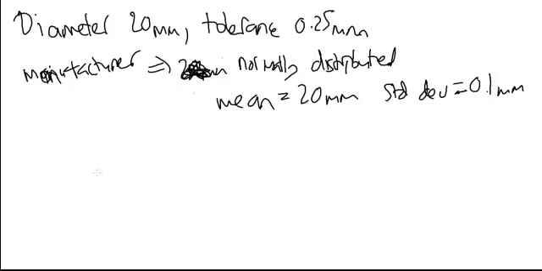Now, we're going to do what the mean is and what the standard deviation is in the statistics part, which is what we're going to be doing next. So in that respect, this is doing things the wrong way. But the question is, how many of these are going to be rejected?